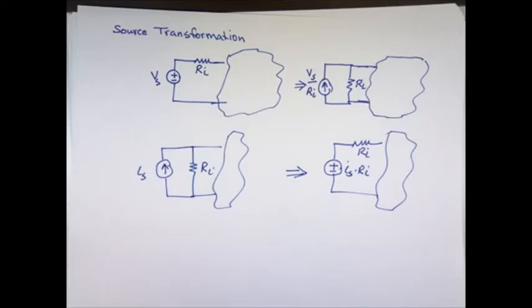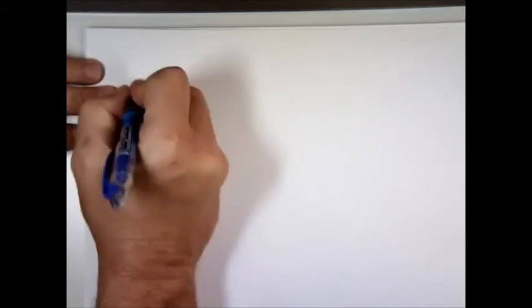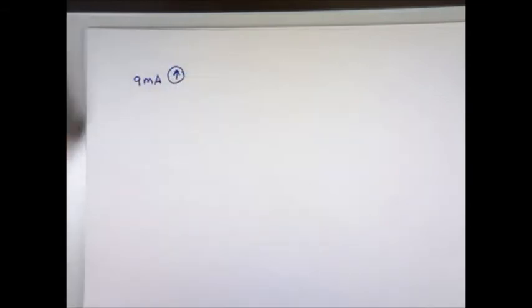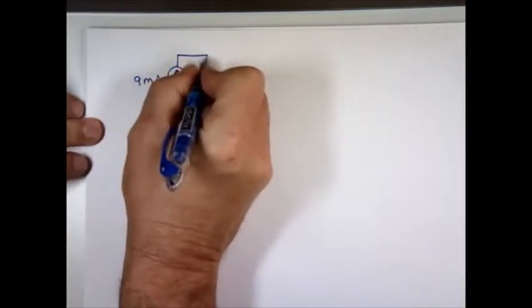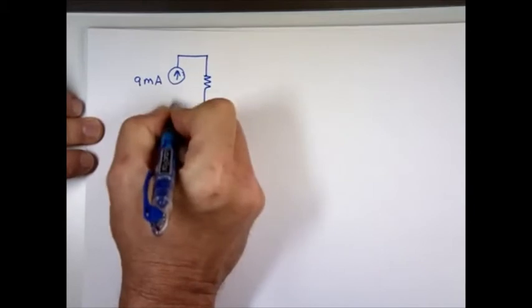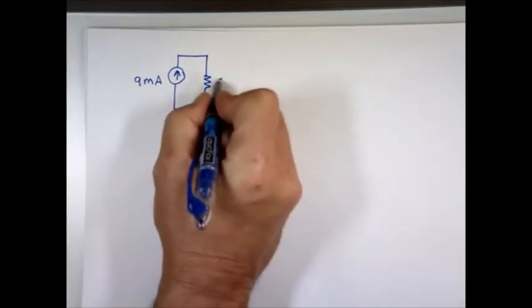You're going to see how this actually makes the problem sometimes 10 times easier. I'll start with an easy example, then I'll make it worse. So here's an example. I have a 9 milliamp current source in parallel with 5 kilo ohm.